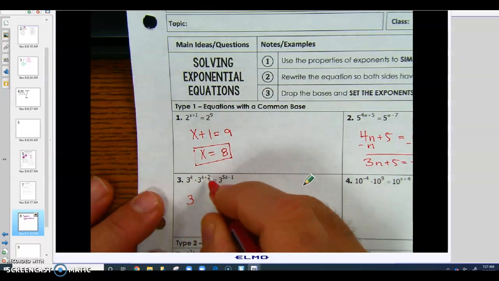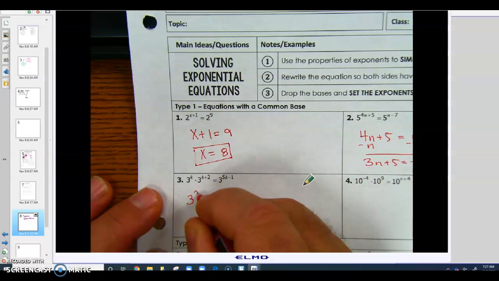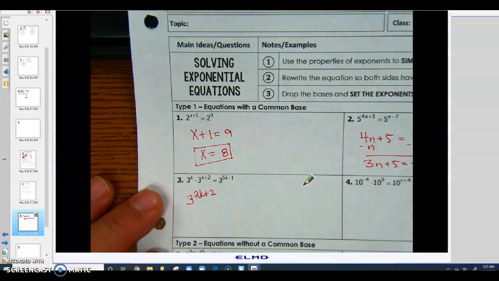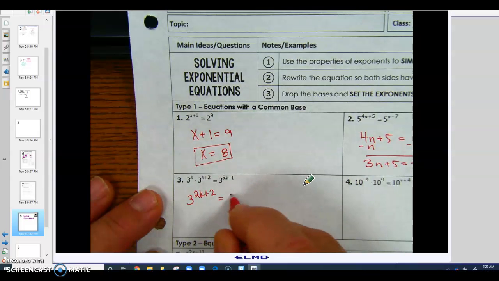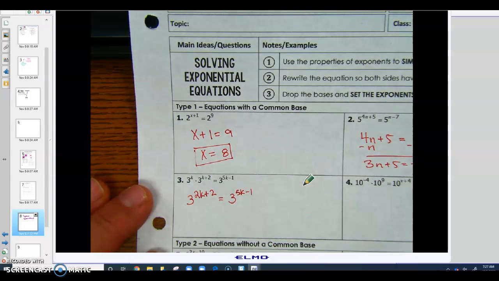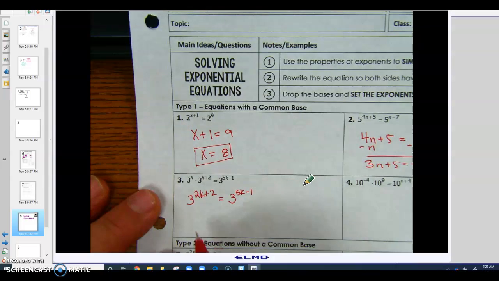And then k plus 2 is 2k plus 2. Then over here we have 3 to the 5k minus 1. Now, step 1 is done. The bases are the same, so step 2 is done. So it's time to drop the bases. 2k plus 2 equals 5k minus 1.